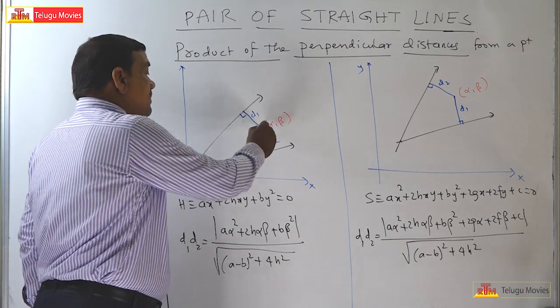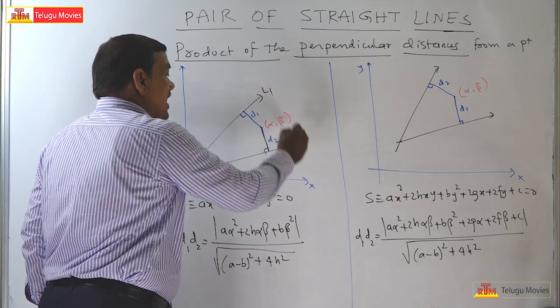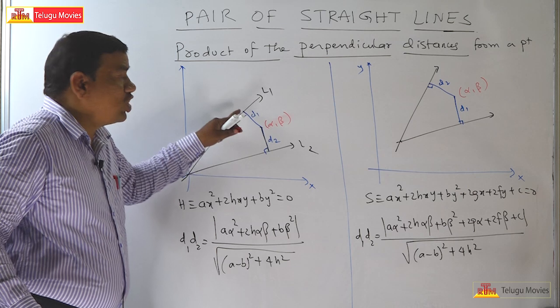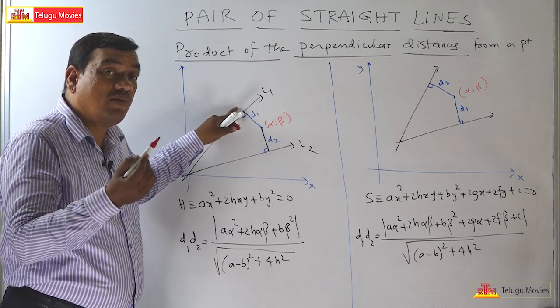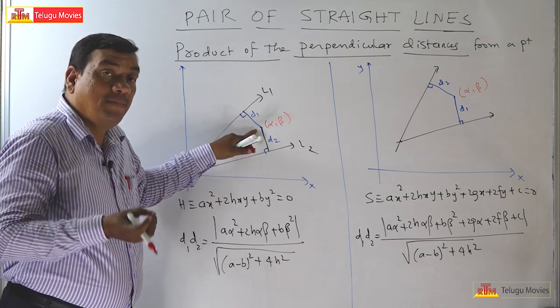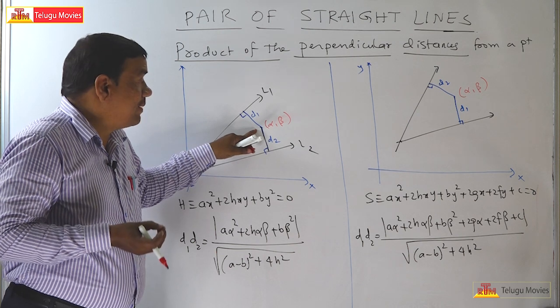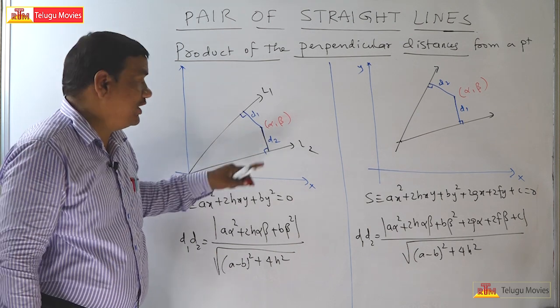Let us draw the perpendicular from alpha comma beta to the first line and the second line. Let the perpendicular distance from the point alpha comma beta upon the first line be d1 and the perpendicular distance from the point alpha comma beta on the second line be d2.